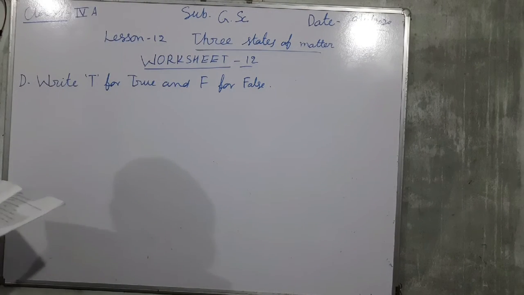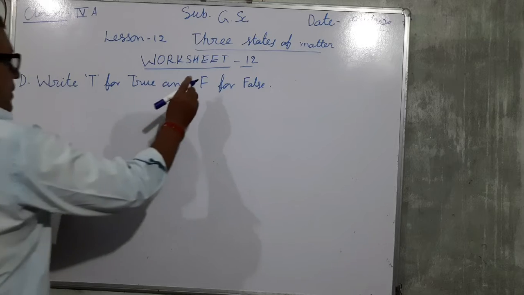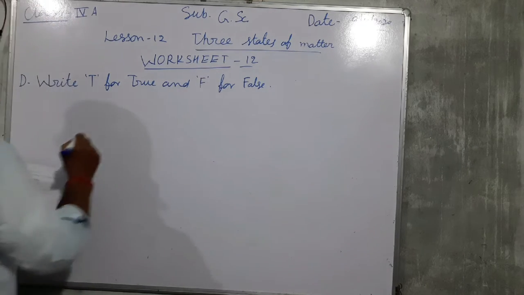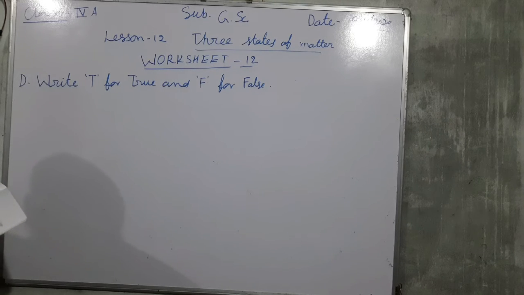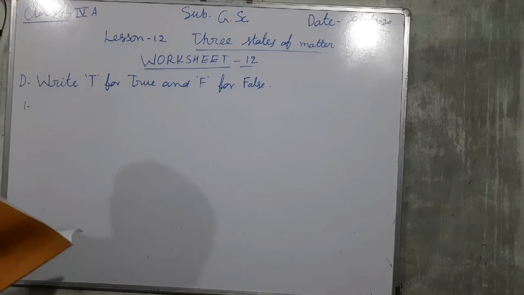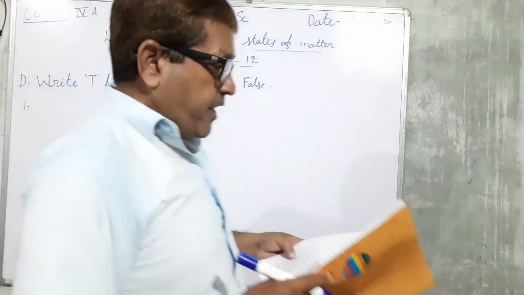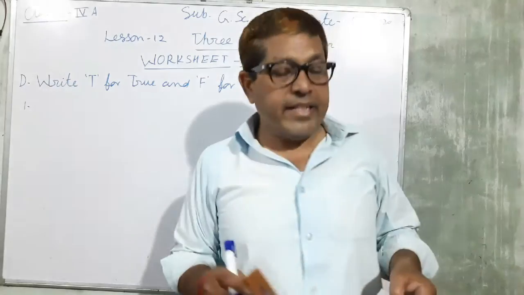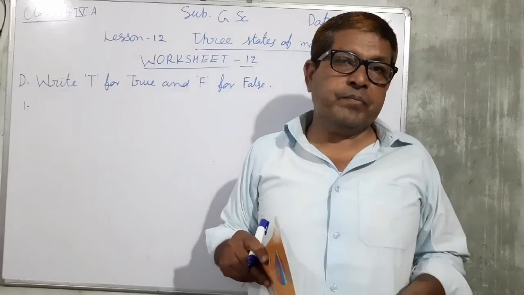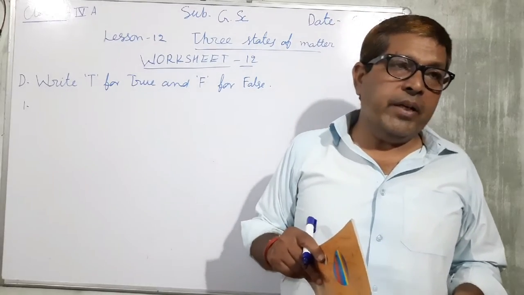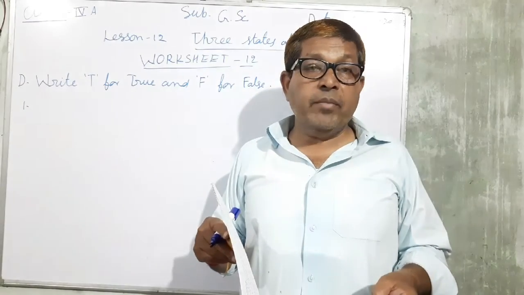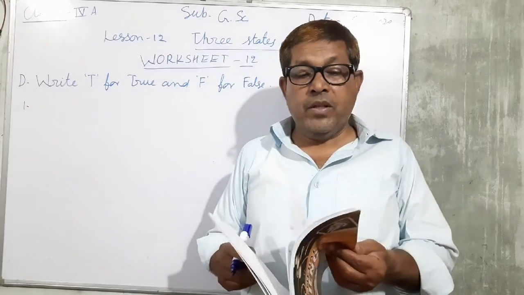Write T for true and F for false. So first we have to see the first one. All the metals are same. Yes, it is true, because all the metals are made up of atoms, and all the metals have volume.